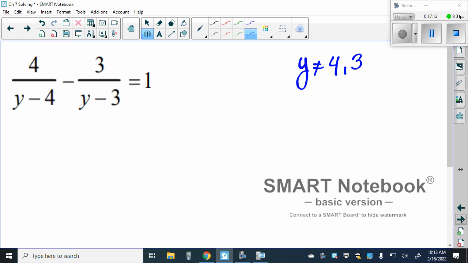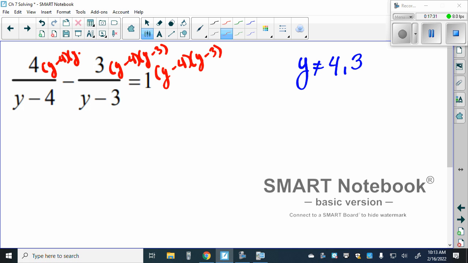But here, what did we do on the last one? We multiplied it by what we have in the denominators. So here we're going to have our y minus 4 and y minus 3. And some would rewrite this again and then have those multiplied in. If we don't have to rewrite it, I'm all for not rewriting it.